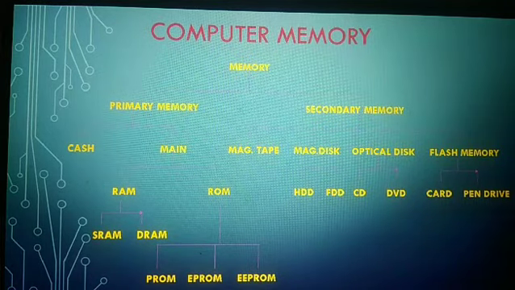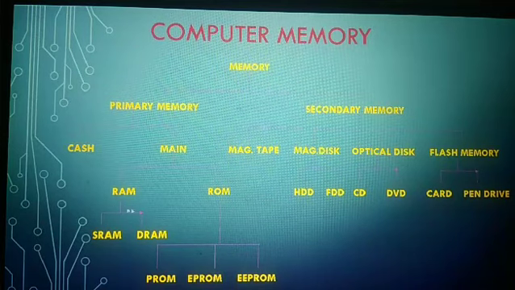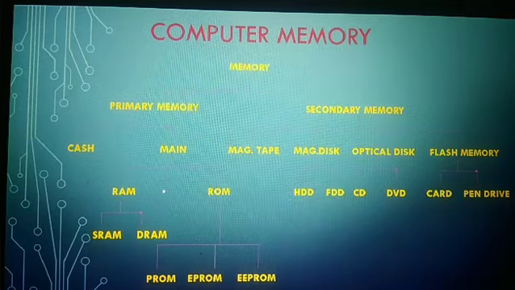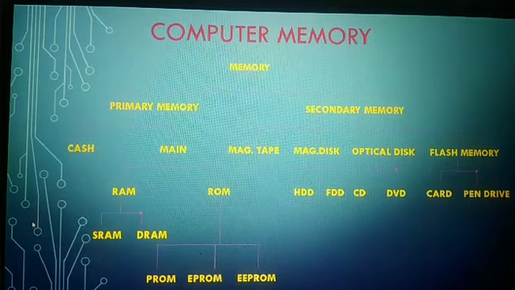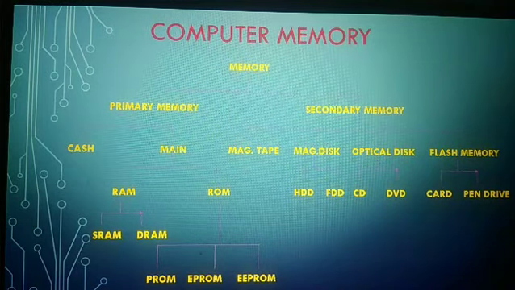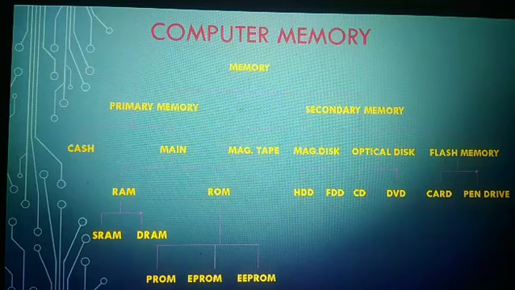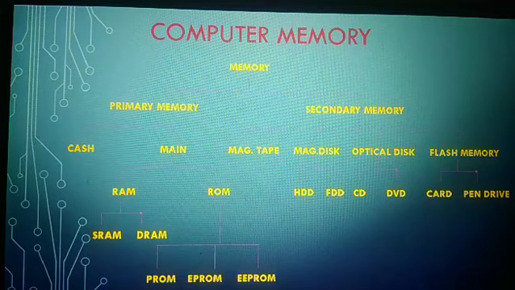Our main primary memory we divided into two parts: RAM and ROM. So first we will see what is RAM and what is the use of RAM. RAM stands for random access memory. It stores data temporarily and it comes in chip form, and also it is placed on the motherboard.